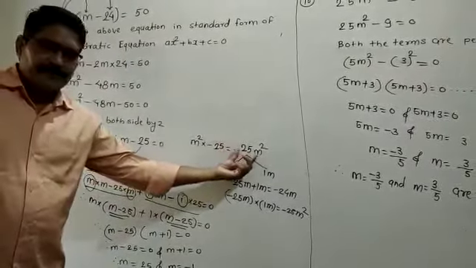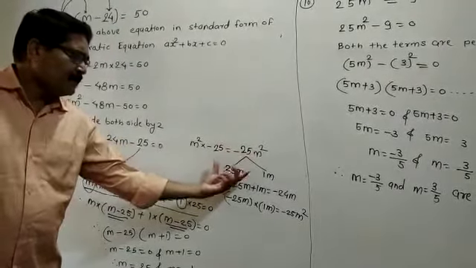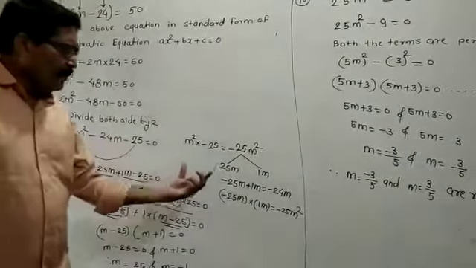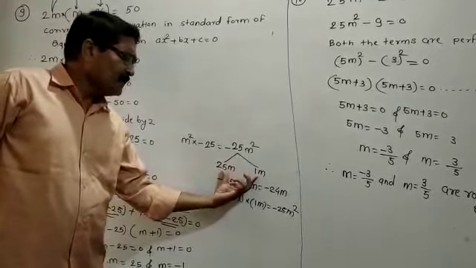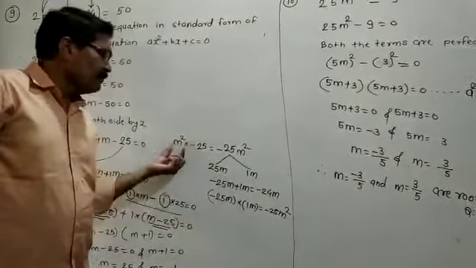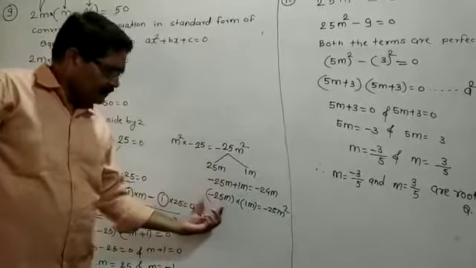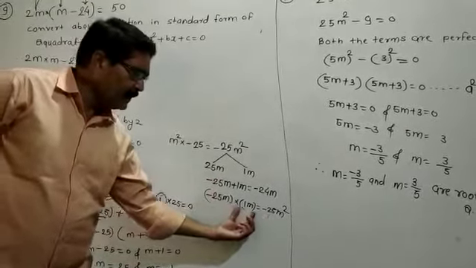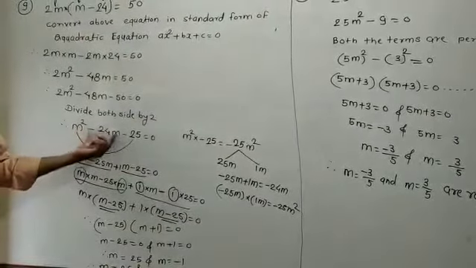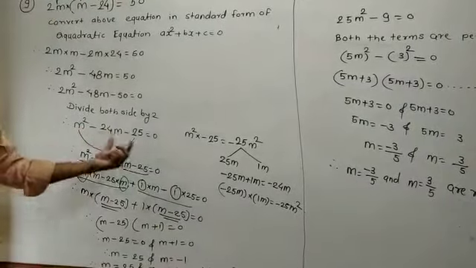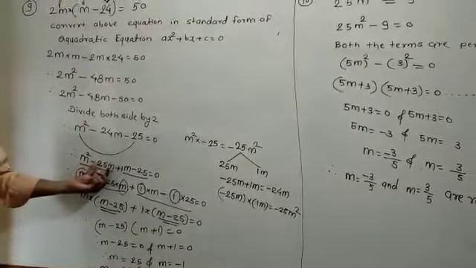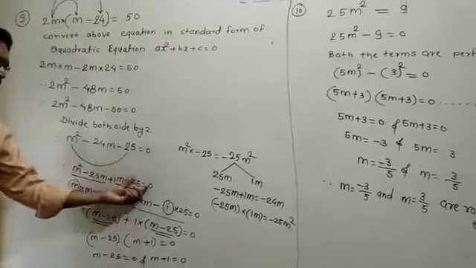Factorize this product such that the sum of the factors gives the middle term and the product of these factors is equal to the product of the first term and the last term. So minus 25m multiplied by 1m is equal to minus 25m square. Then you have to rearrange this minus 24m in the form minus 25m plus 1m. Then m square minus 25m plus 1m minus 25 is equal to 0.